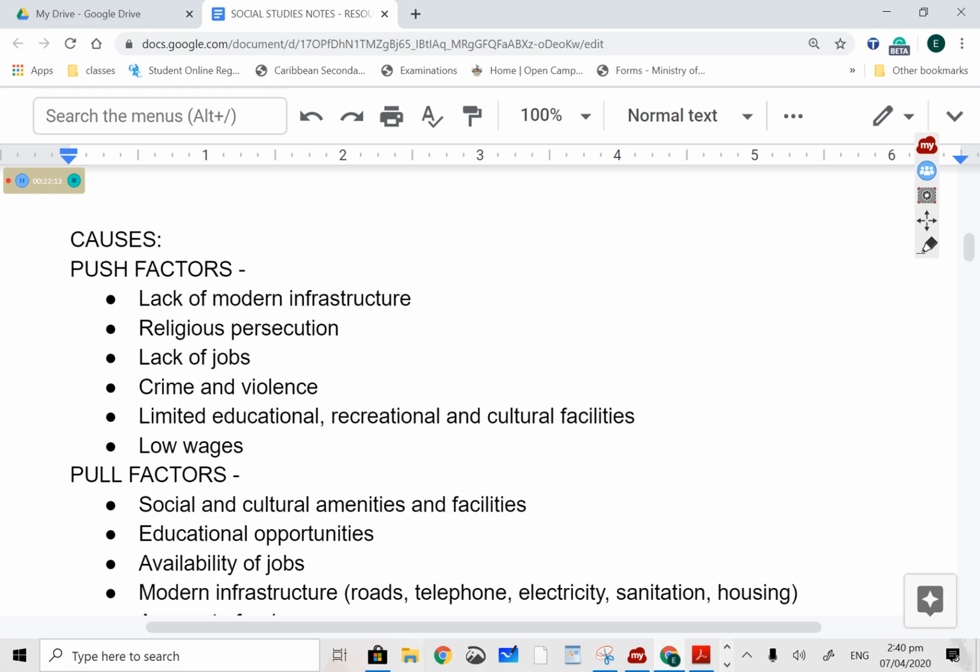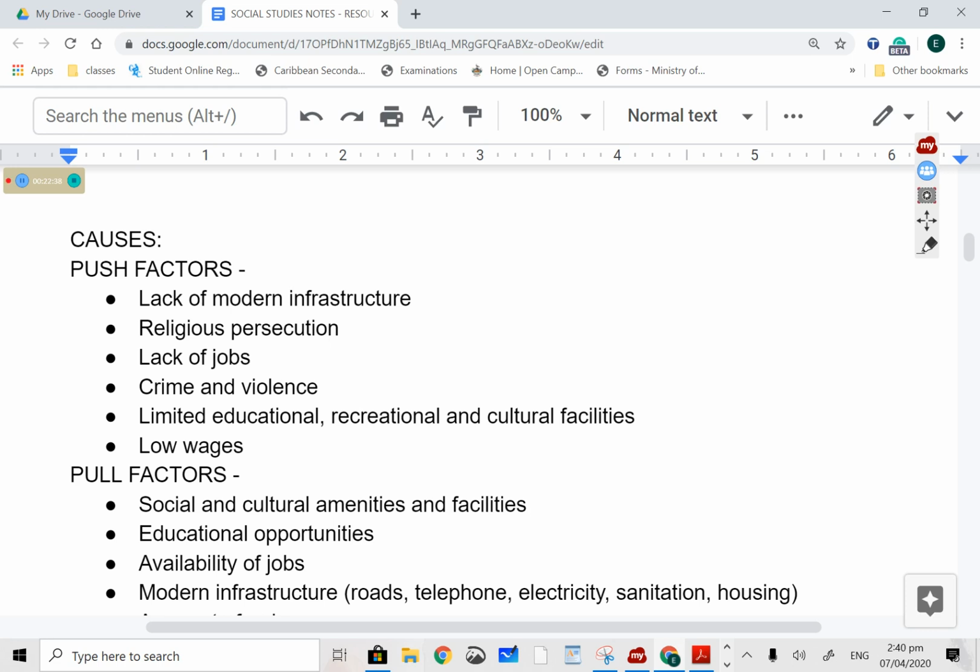So we have push factors. Push factors mean what will push you out of an area. What will push an individual out of an area to go to another area. So push factors could be lack of modern infrastructure, religious persecution, lack of jobs, crime and violence, limited educational and recreational and cultural facilities, low wages.